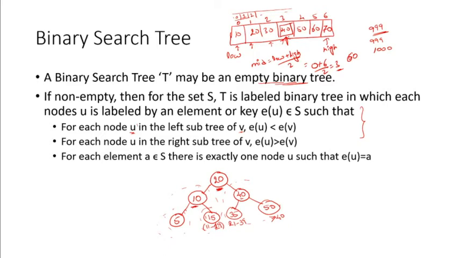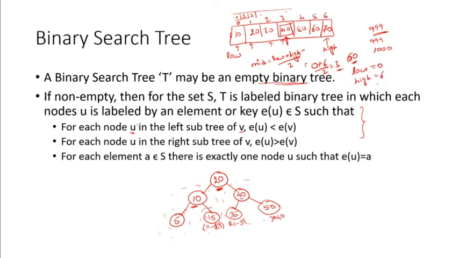Now I'll check whether 40 is equal to 60 or not. No, it is not equal to 60. Now, is 60 greater than 40 or less than 40? Yeah, 60 is greater than 40. So I'll change my low value from 0 to 4. Initially my low value was 0 and high value was 6, right?